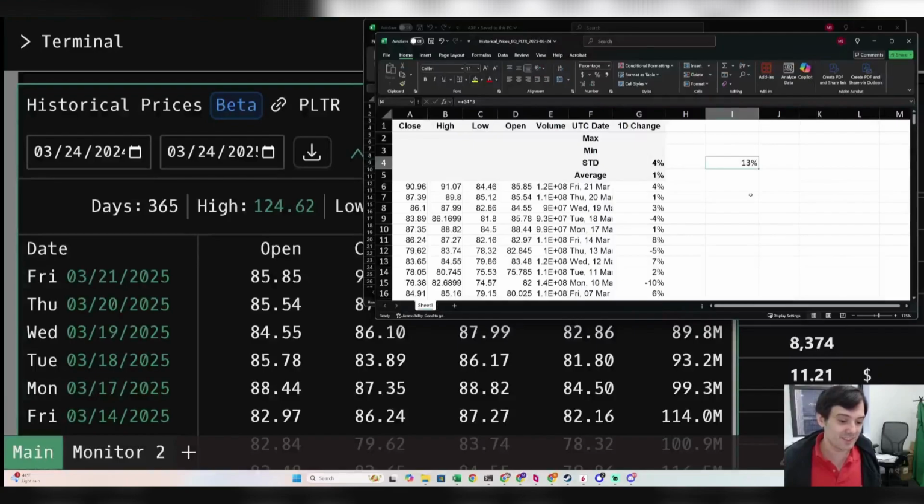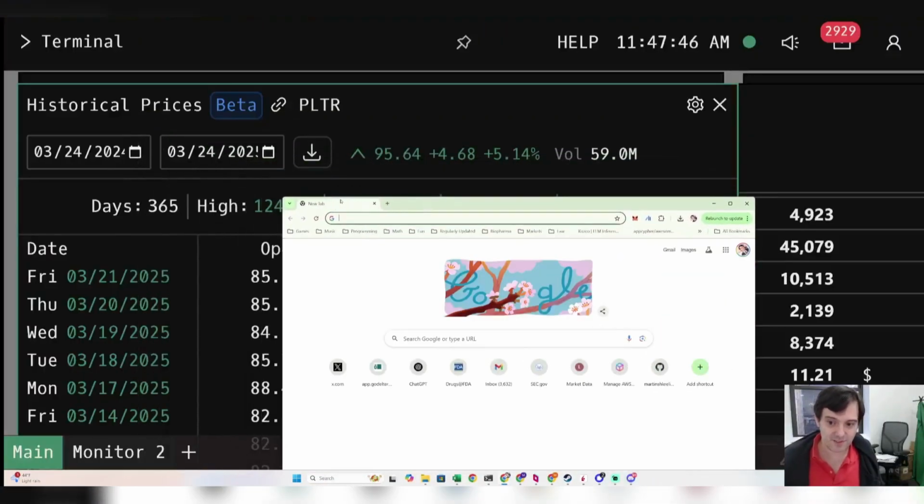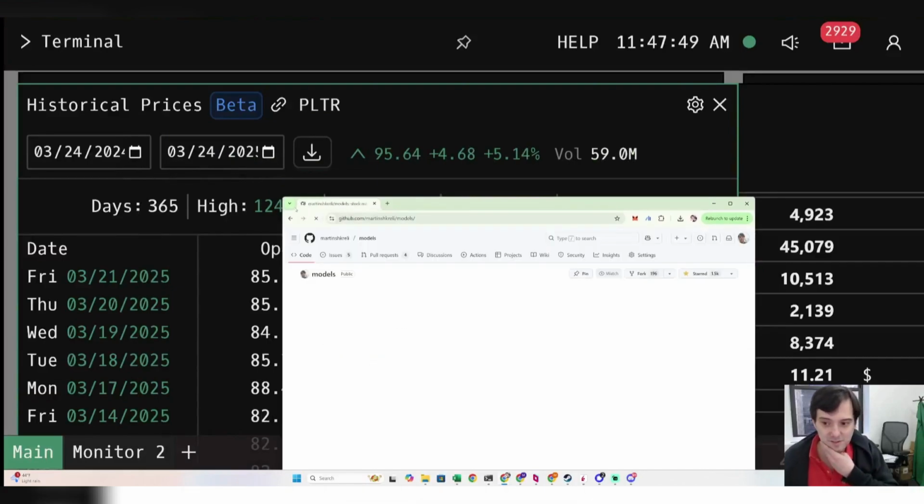So 3 sigma, does anybody know what percentage 3 sigma occurrences are?